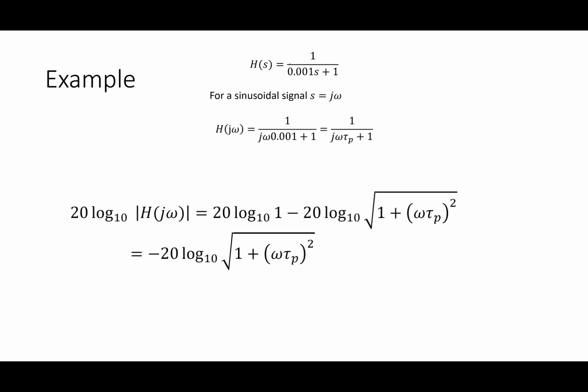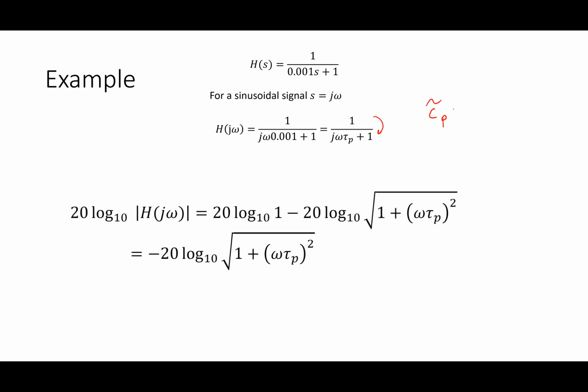So we'll look at this guy here. I had H of s is 1 over 0.001 s plus 1. That was our example. I plug in s equal to j omega, and I get this. So what I have is basically 1 over j omega tau p.